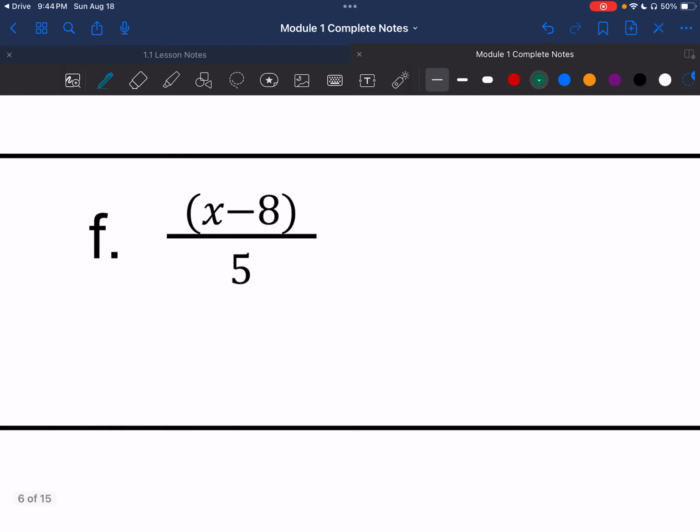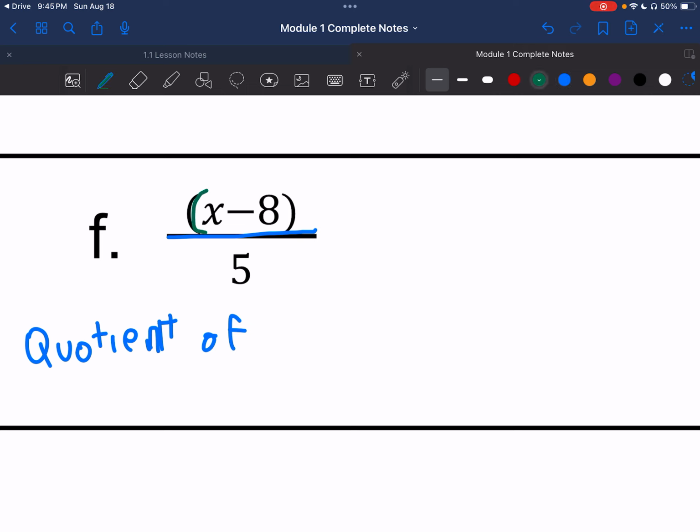All right, if we look at letter F now, we have x minus 8 over 5, so we could say we have the quotient of, and now let's look at the top.